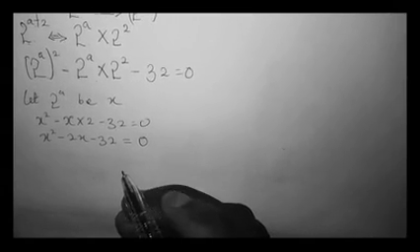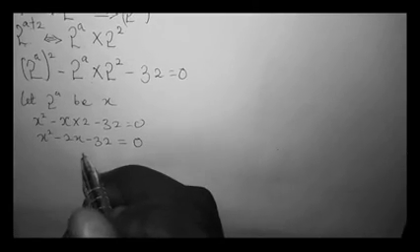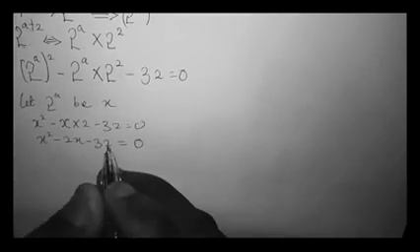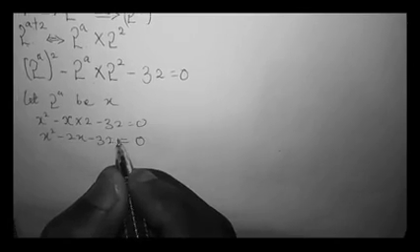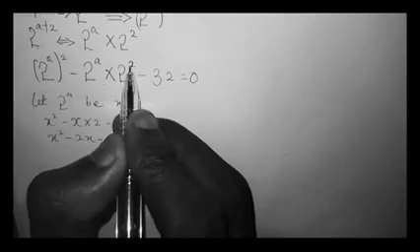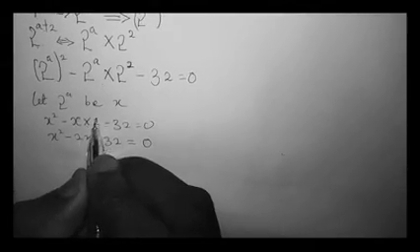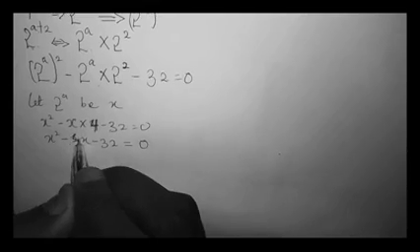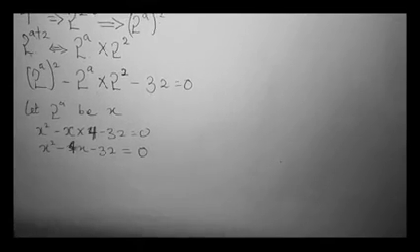Let me solve this quadratic using the factorization method. If I want to solve this using factorization, this 2 raised to power 2 is supposed to be 4 here. I will have 4 here. I'm sure we get that now.